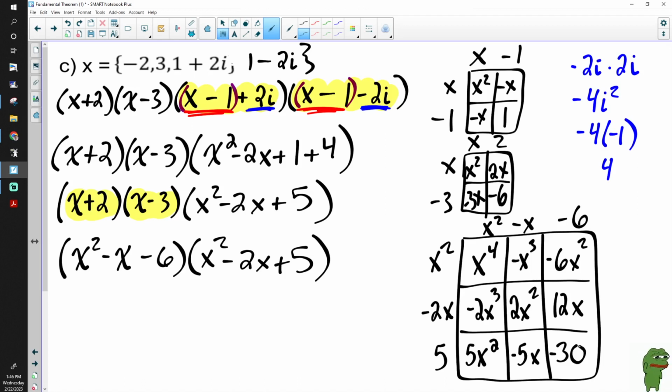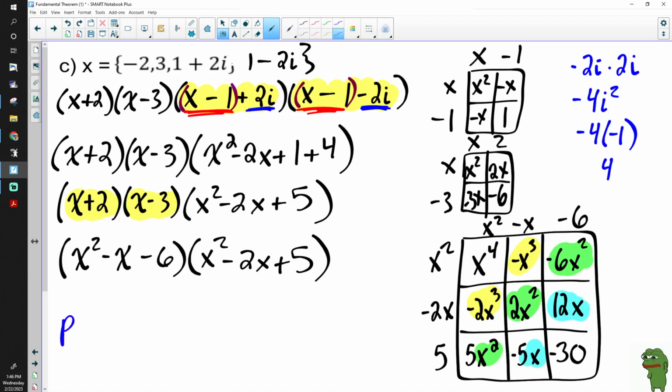Okay, I have lots of like terms. If you look, I have x to the 3rds to combine, I have a bunch of x squareds to combine, and I have 2 x's to combine. So this is going to make my final answer.